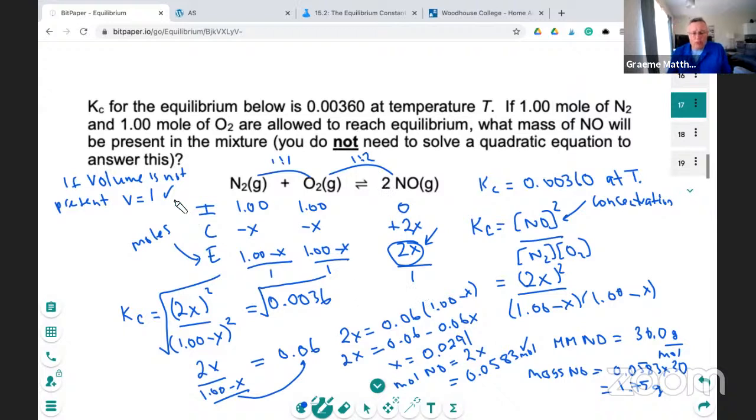Because volume was not present, just set V equal to 1. And then write down your expression for Kc, solve it for x, get the moles of NO, and then convert it over to grams. So hopefully, chemists, we are making a bit of sense here.